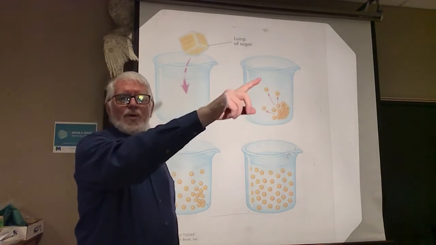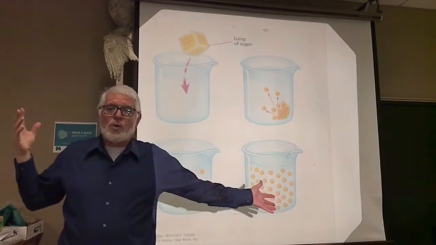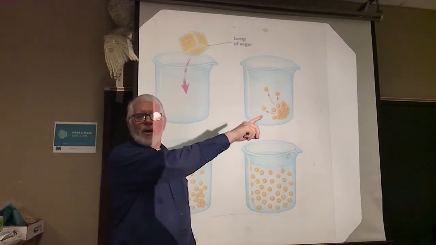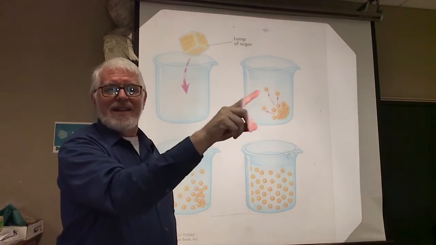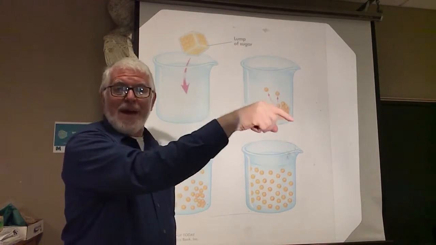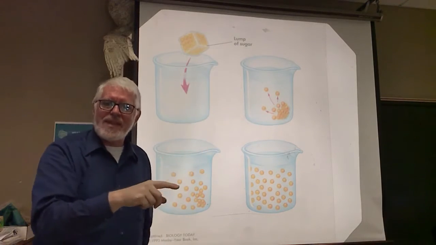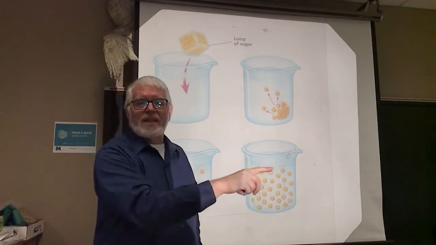This is a very low concentration area, and they're not doing it because they know that there's room out there. They're doing that because there's more particles, let me get closer here, there's more particles headed this way to spread out than there are heading back that way to where they started. Now eventually, if you leave them long enough, they're just all moving around inside the beaker.